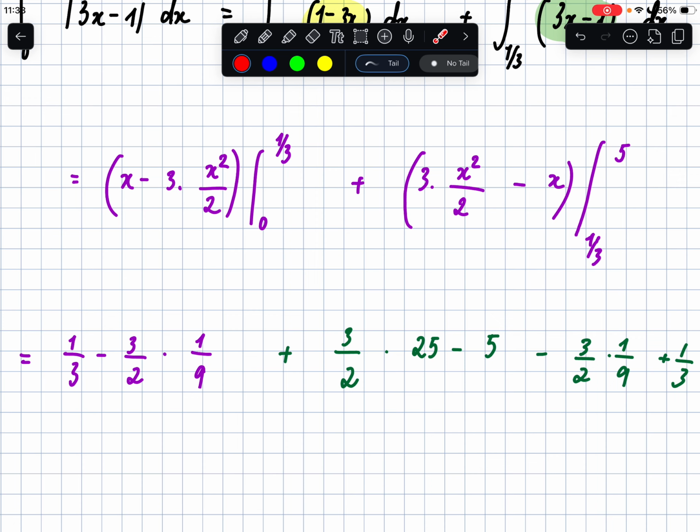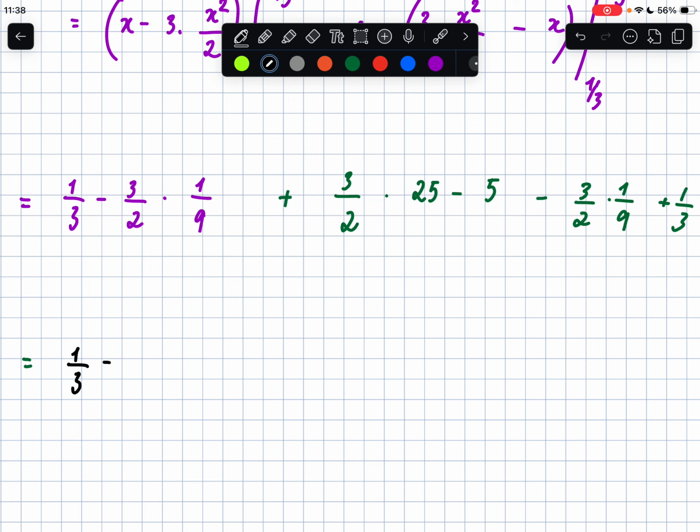So we compute that. 1/3 minus 1/6, because 3 and 9 here cancel out to 3. 3/2 times 25, we cannot do anything with that. So 75/2 minus 5 minus 1/6, plus 1/3.